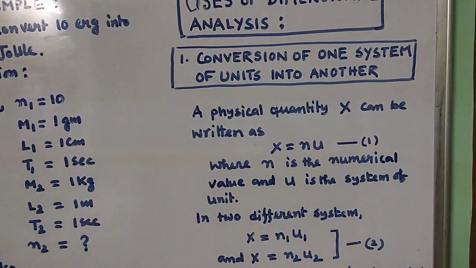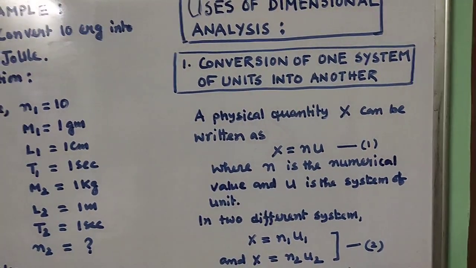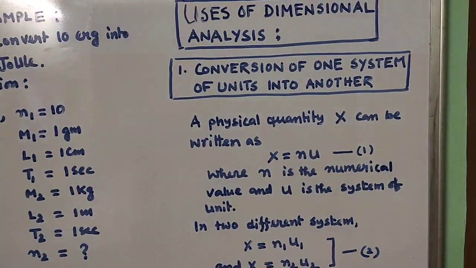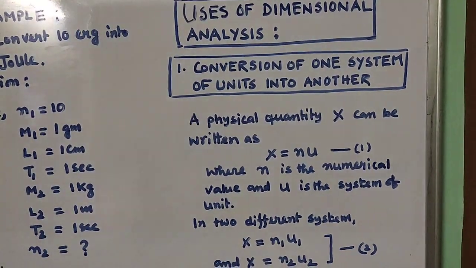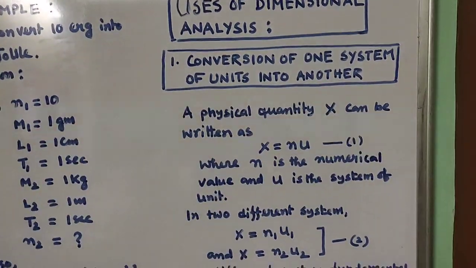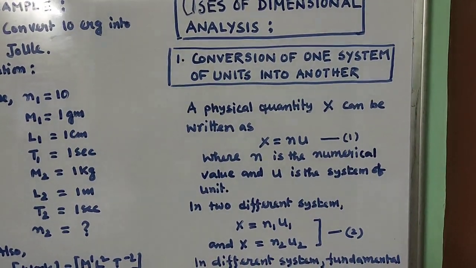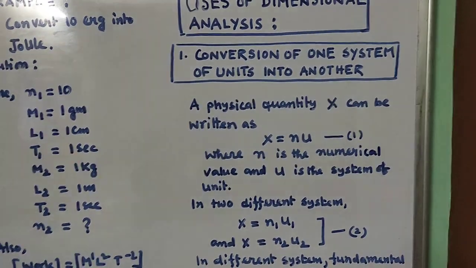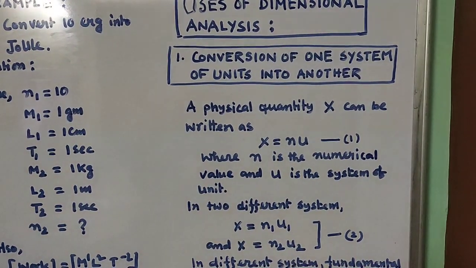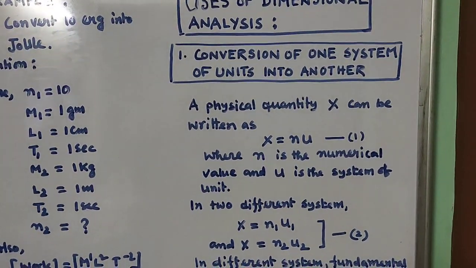After that, if I ask you to write the dimension for distance, use definitely length, that is your capital L. So if you want to write the dimension of any derived physical quantity, you must have to know the formula by which you can express that derived physical quantity.